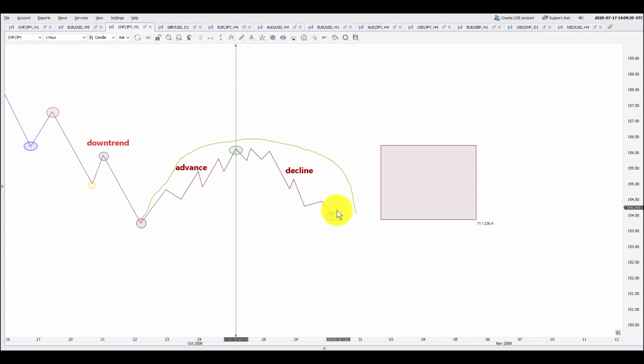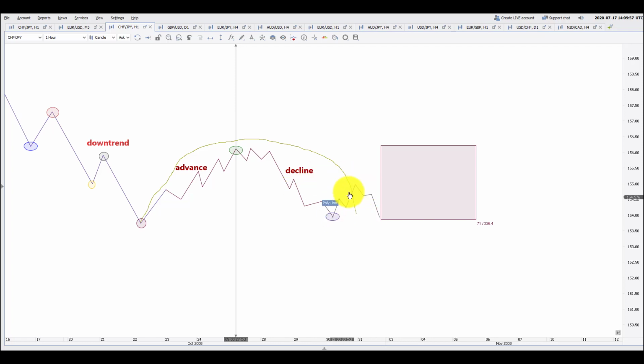But this advance fails to go beyond half of the height of the cup. Ideally it should be limited to 1/3 of the cup. That is the ideal condition. Half is understandable, more than half is not recommended to be traded.